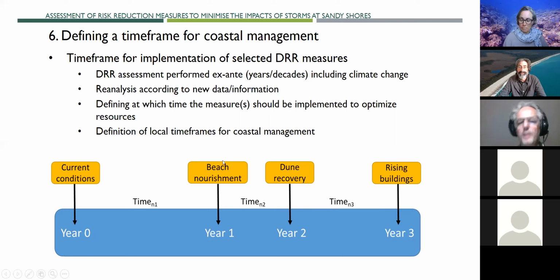We'll know when we need the first measure, like a beach nourishment, for instance, when we should apply the second measure, like a dune recovery, and when we should apply a third or fourth measure, and when we need to do a second beach renourishment, etc. So we can get a time frame for coastal management for the next 50 years, 100 years, run these models, implement the most effective coastal management measures, and define at which time they should be placed in order to avoid risk.